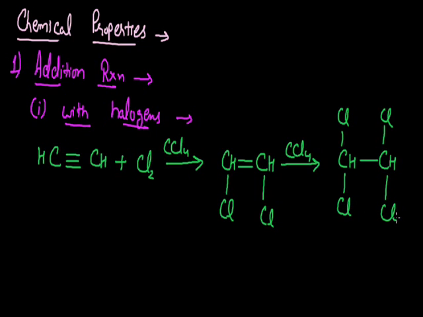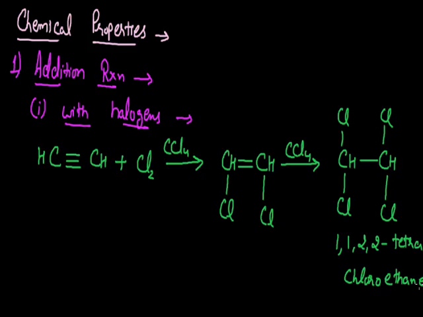This formed compound has four chlorine atoms on positions 1, 1 and 2, 2. So this formed compound can be termed as 1,1,2,2-tetrachloro. And since the molecule contains only sigma bonds, it will be termed as ethane. So that's the IUPAC name for this compound, and that is the addition reaction with halogen.